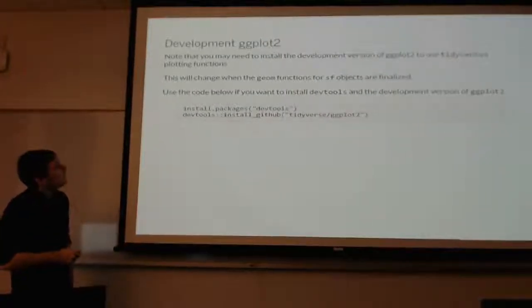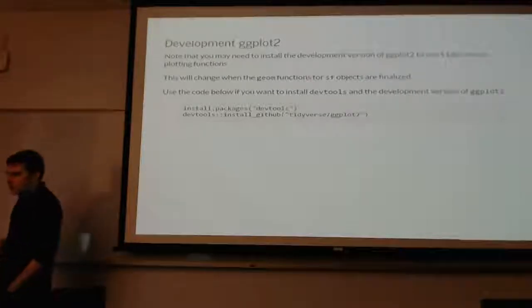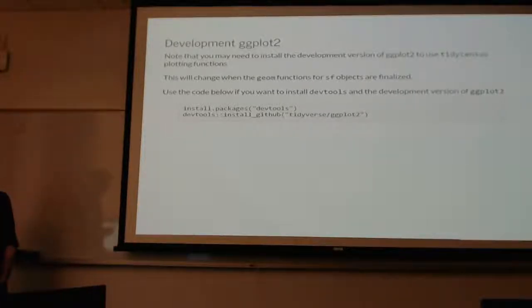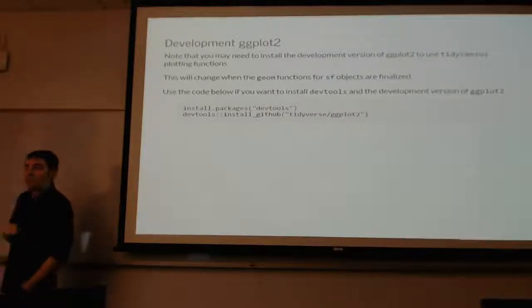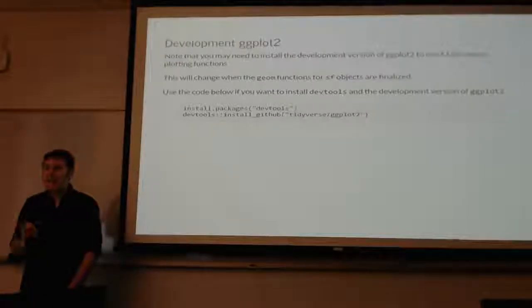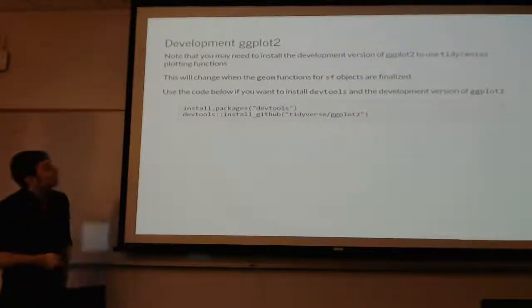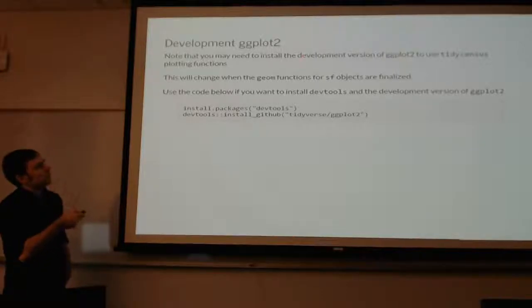Okay. However, if you want to plot using tidycensus, at least last I checked, the plotting functions that are compatible with the type of geospatial data in tidycensus are not part of ggplot yet. They're in the development version of ggplot. This will change as soon as the geometries for SF objects are finalized.